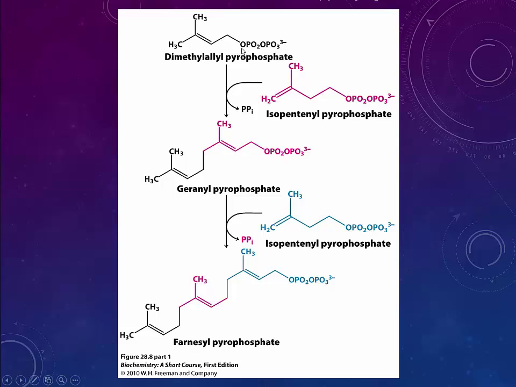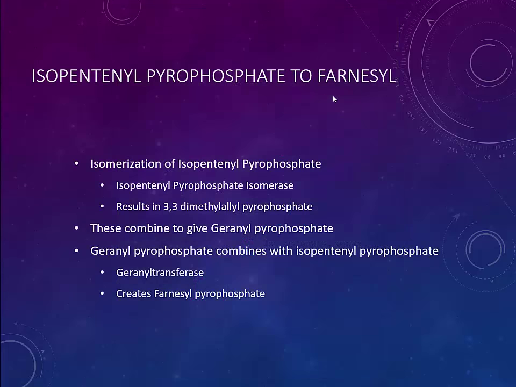So now the question is, where did the dimethylallyl pyrophosphate come from? This is the very beginning. We take an isopentenyl, so there's one isopentenyl, and we isomerize that isopentenyl pyrophosphate to dimethylallyl pyrophosphate.